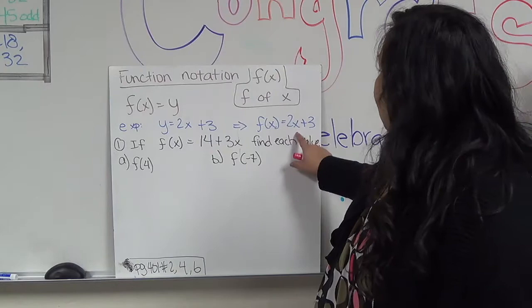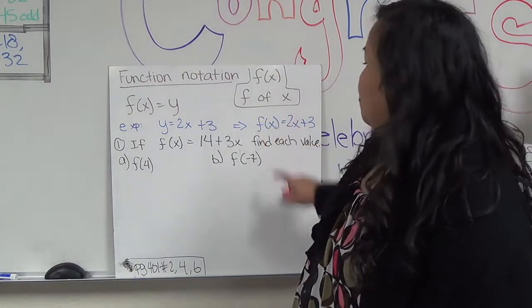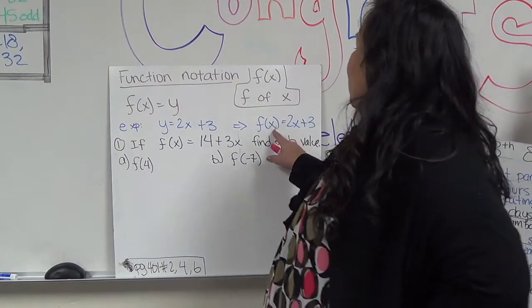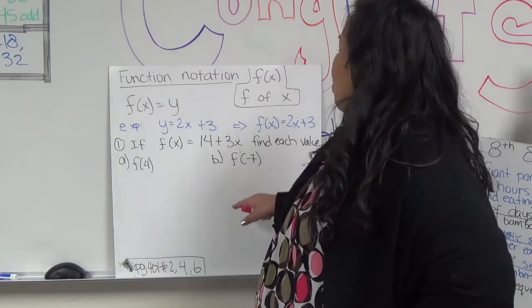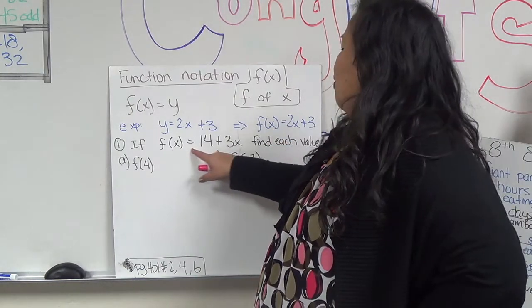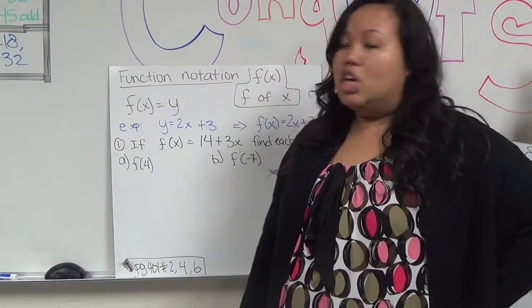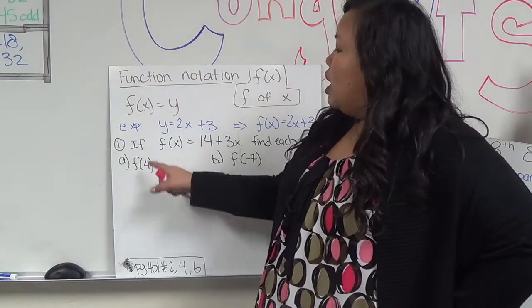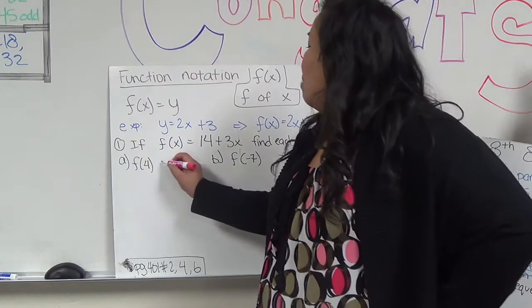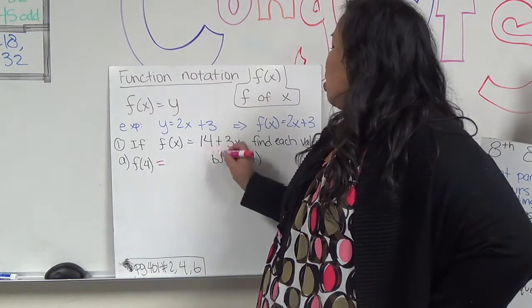I'm going to plug in an x and get the value f of x, okay? So the reason they have this here is they're going to give you an equation, f of x equals 14 plus 3x, and then they're going to give you a number in for x. What that means is, because now x is replaced by 4, I'm going to do the same thing to everything here.